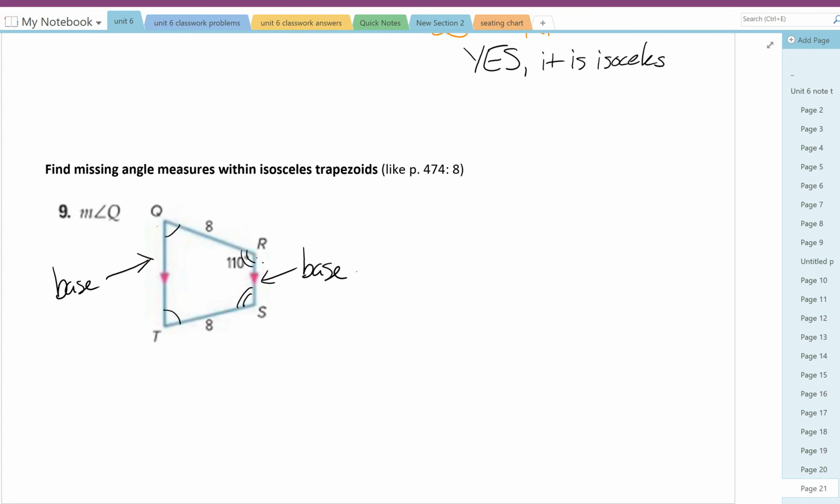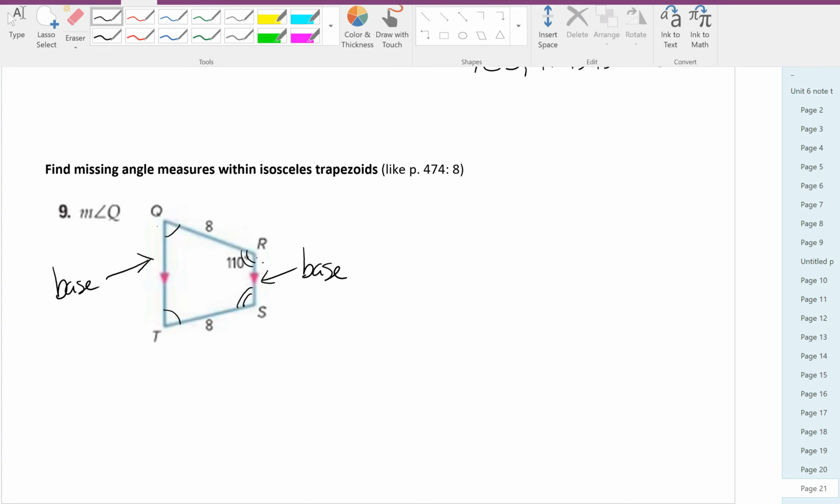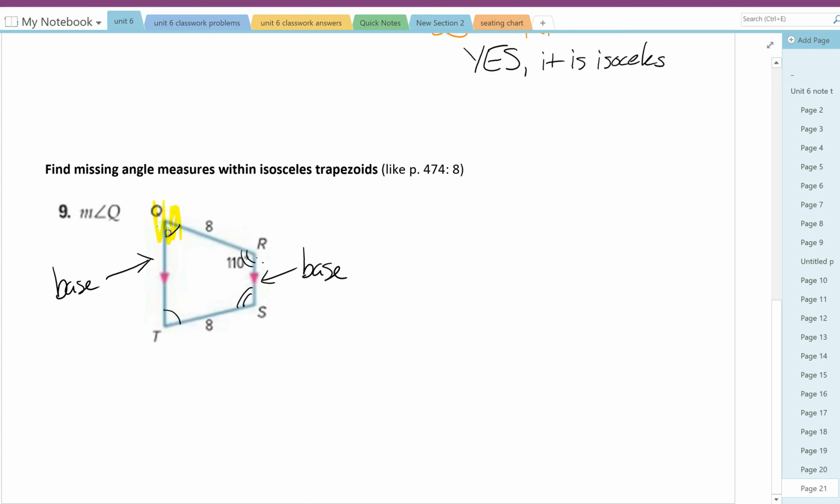Another thing I know is that consecutive but non-congruent angles are going to be supplementary. So in other words, in this case, angle Q plus angle R is going to add up to 180 degrees. Okay, that's only if we have an isosceles trapezoid.